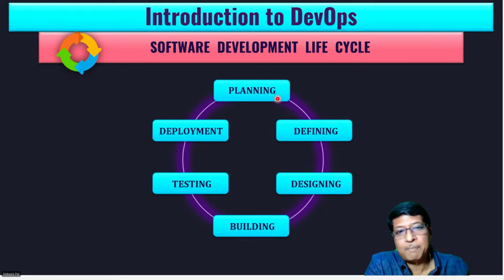So it needs proper planning and proper definition of the various aspects of the requirement, in an IT way of defining it. And then you come to designing. If this is 100% of the work, almost 65 to 70% of the time should be spent on designing. This is the backbone.